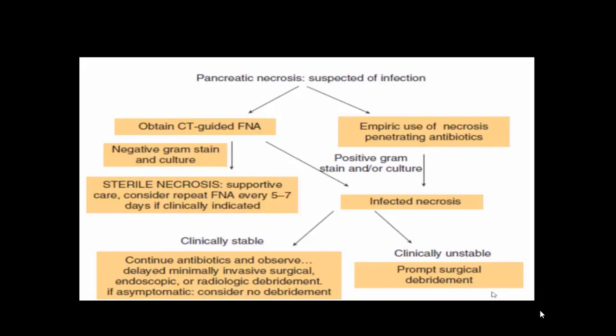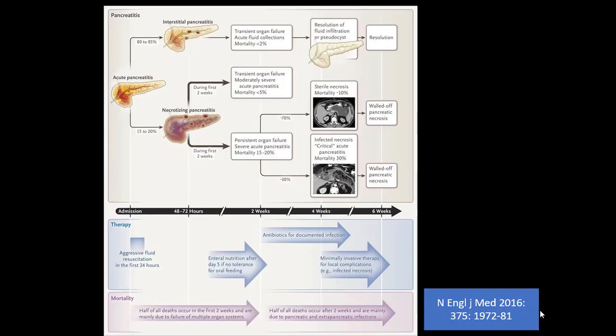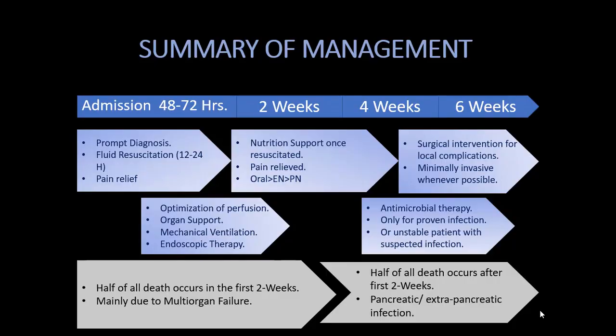If your patient is clinically stable, then continue antibiotic and observe, with delayed minimally invasive surgical, endoscopic and radiologic debridement. If your patient is asymptomatic, consider no debridement. If gram stain or culture is positive, then consider infected necrosis. If your patient is clinically unstable, then prompt surgical debridement is required.